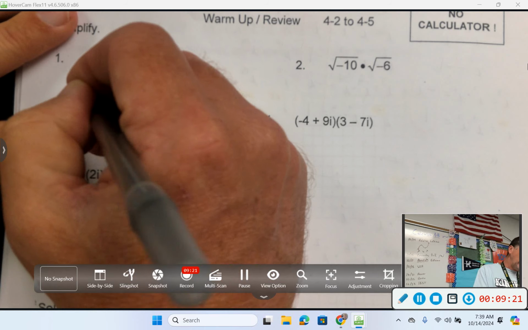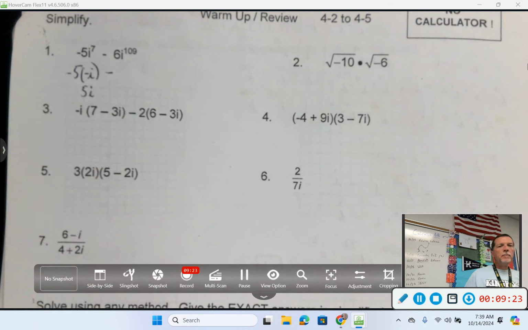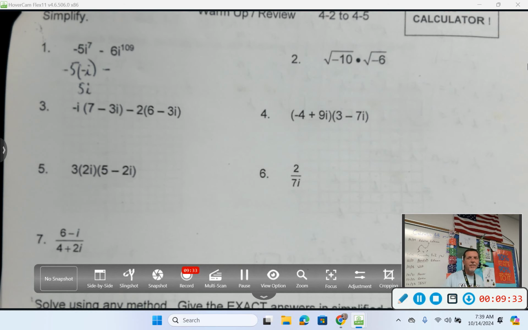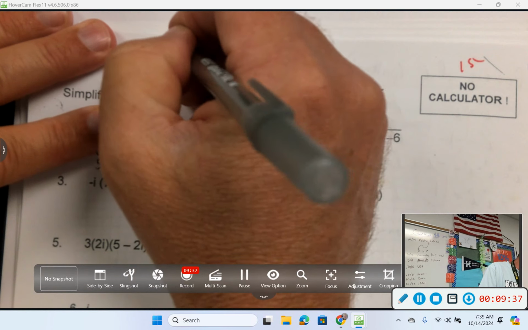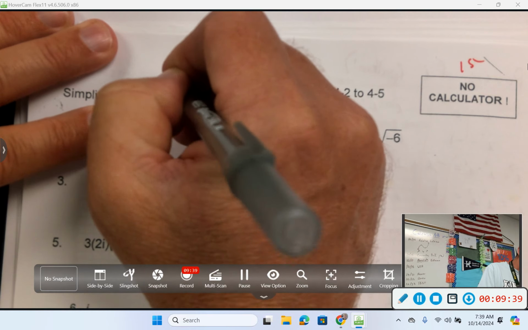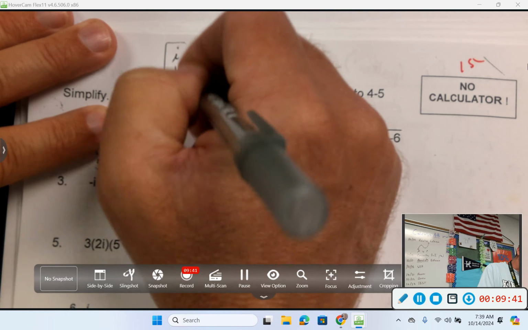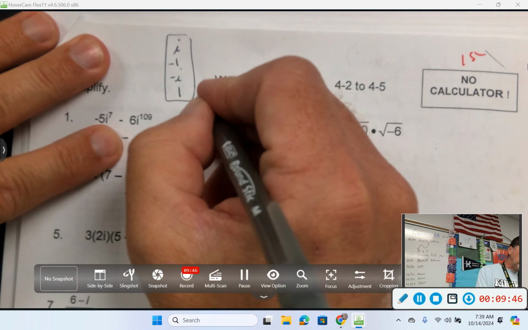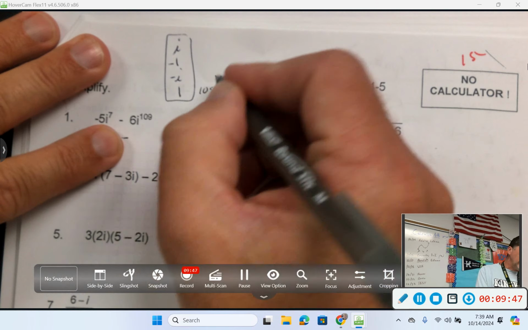Which makes it 5i, so let's be careful here. i to the 109, let's see, 108 is a multiple of 4. So we're 1 past 108. Maybe it would be better to write it up here: i, negative 1, negative i, 1. There's the pattern. So 108 would land us there. 109 would be back at the top.